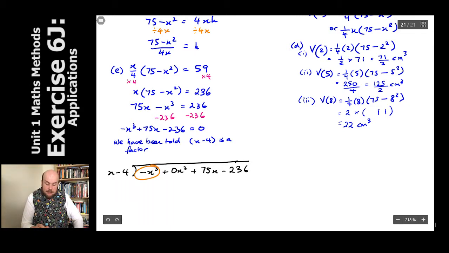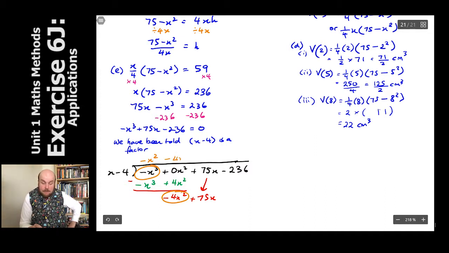So x goes into negative x cubed negative x squared times. Negative x squared times x is negative x cubed. Negative x squared times negative 4 makes positive 4x squared. Minus that. 0x squared minus 4x squared is going to be negative 4x squared. Bring down that 75x. Negative 4x squared divided by x, well, that's going to be negative 4x. Negative 4x times x is negative 4x squared.